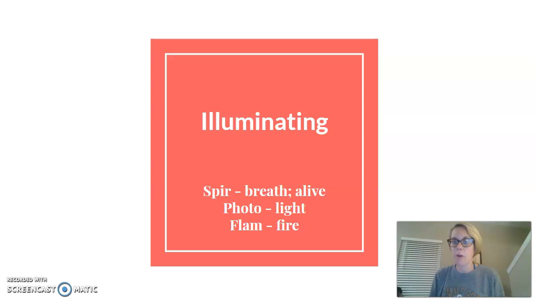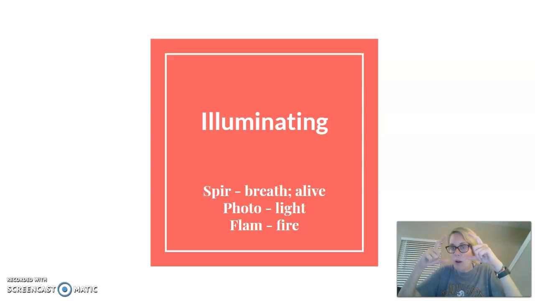That means breath or alive. Photo. Say photo. Means light. And flam. Say flam. Means fire. Just like a flame in a fire. So spire, breath, alive.